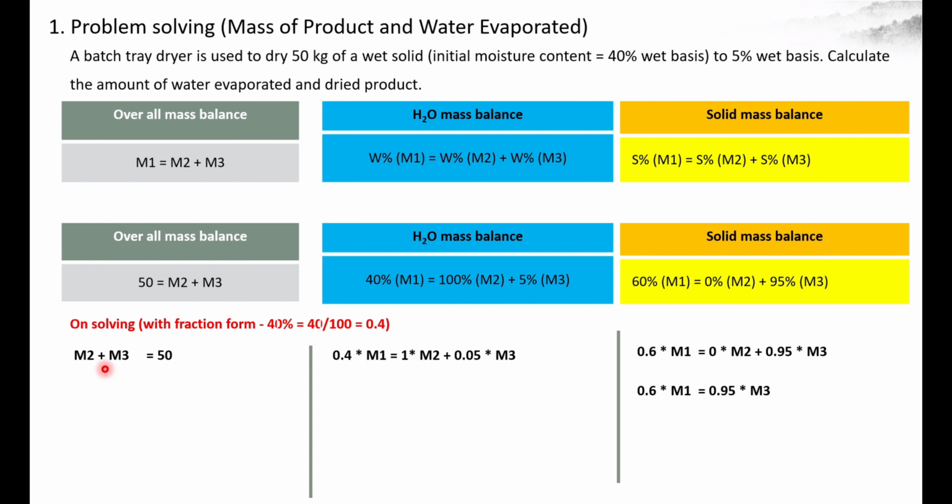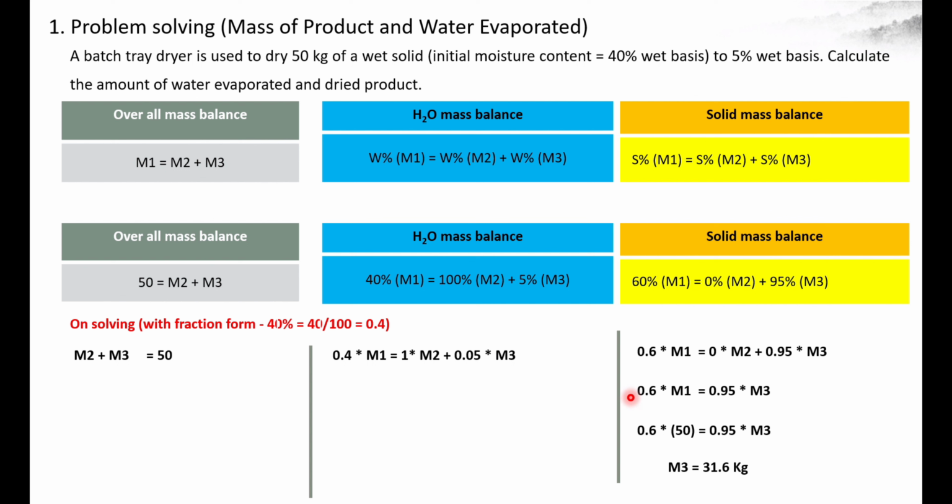Now in this case, you see in the first equation we have two unknowns. In the second equation we have three unknowns, M1, M2 and M3. But when we see the solid balance equation, M2 becomes 0 because we are multiplying with 0%. So we are left with only two variables: 0.6 times M1 is equal to 0.95 M3.